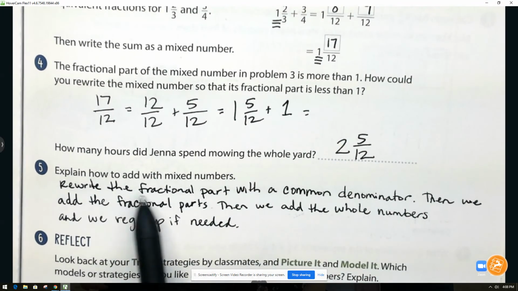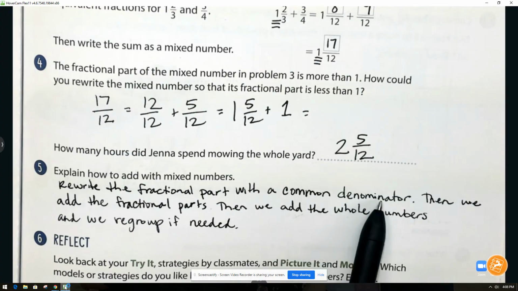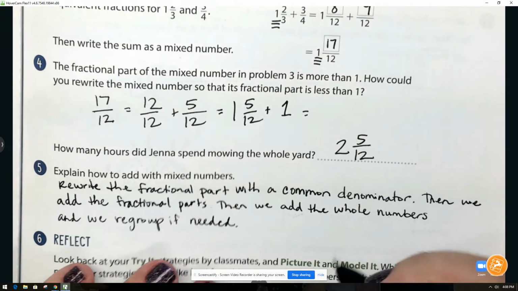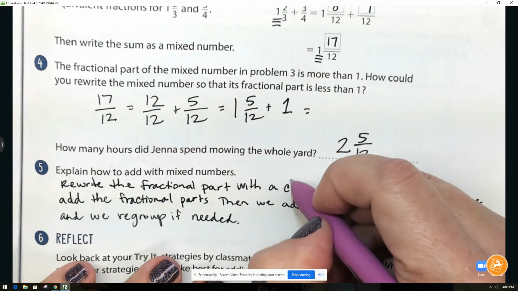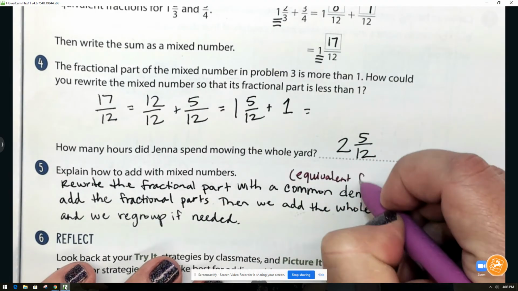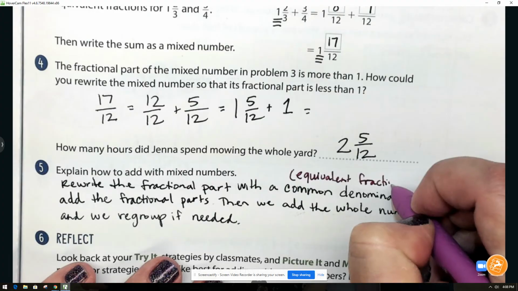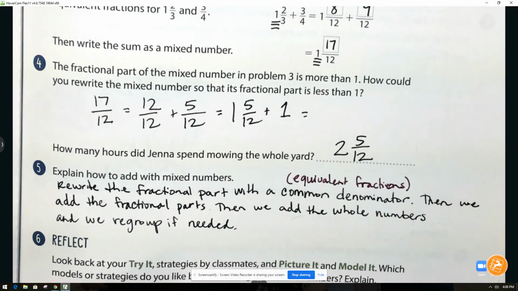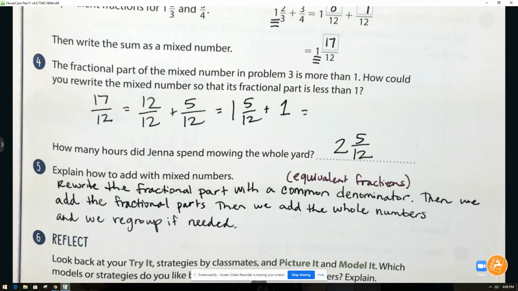So again, we rewrite the fractional part with a common denominator, meaning we make equivalent fractions. Then we add the fractional parts, and then we add the whole numbers, and we regroup if needed.